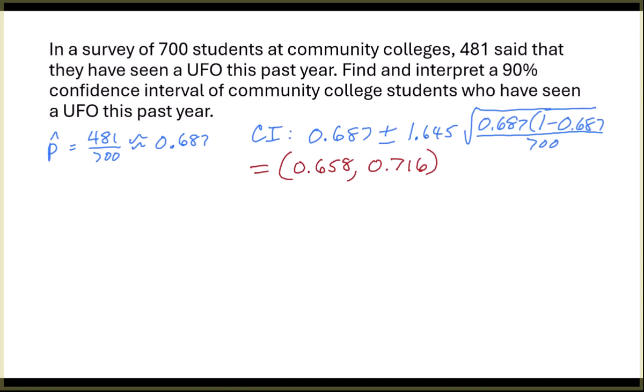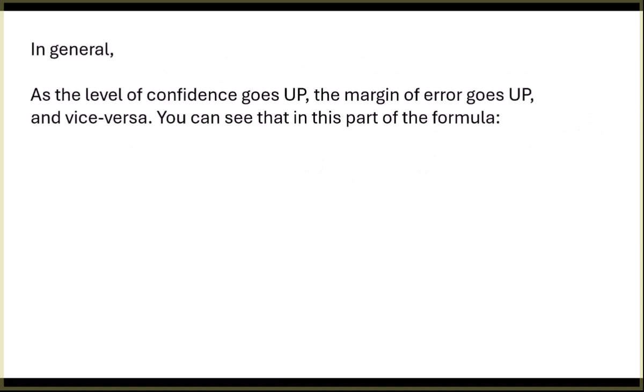Okay, we good? Here's a general statement. The more confident I am, the wider that interval is. Or I could turn around. The wider the interval is, the more confident I am that population parameter that I'll never know is actually in my interval.